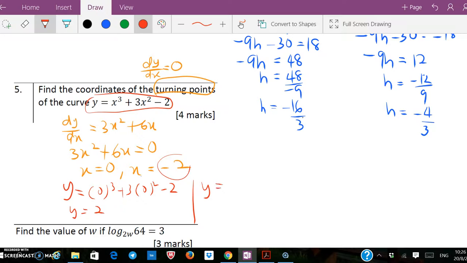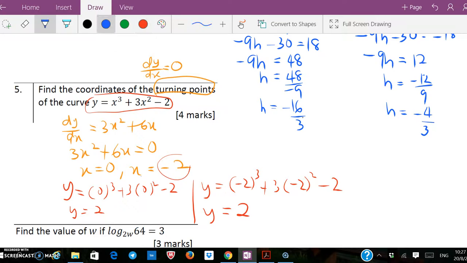So y equals -2 cubed plus 3 times -2 squared minus 2. So y should be -8. -8 plus 12 is 4. 4 minus 2 is 2. Recheck again: -8 plus 12 is 4. 4 minus 2 is 2.